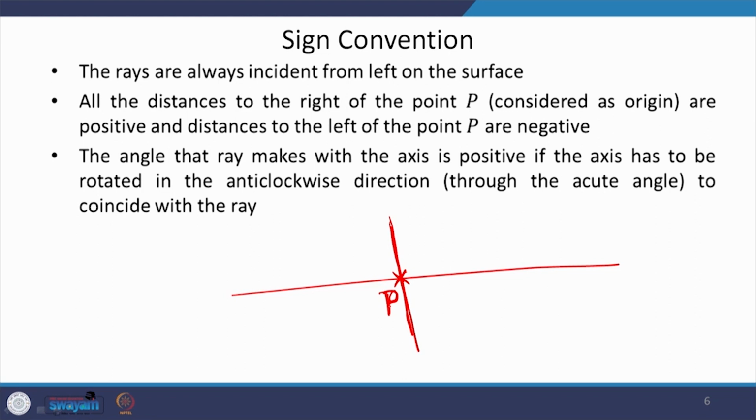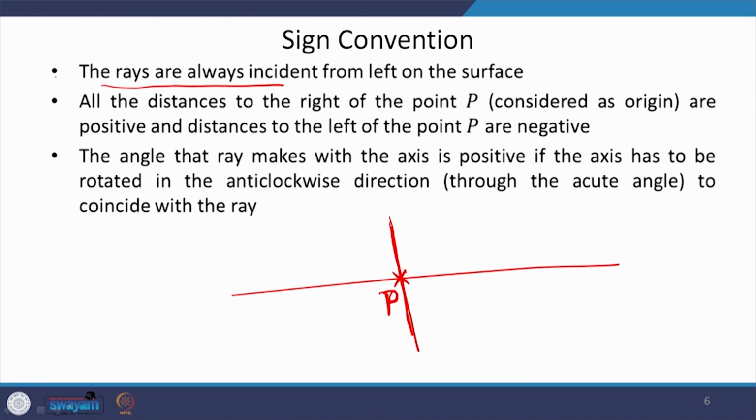Now, the convention is that the ray is always incident from the left on the surface. This is a convention which is followed by the optics community and which is very helpful in drawing the different ray paths and understanding the mathematics which follows, which helps us in properly forming the image height, image distance, and many other things.